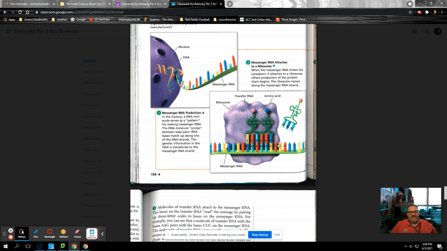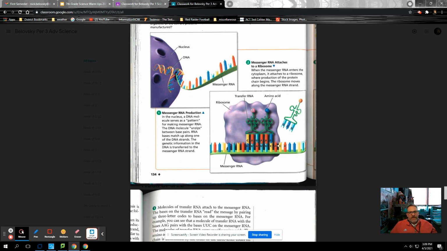Notice this is an amino acid here and here and here. These amino acids are brought in. So if you look right here, we've got a pink amino acid brought in by this transfer RNA. This pink amino acid is brought in because the transfer RNA reads down here, GUA, and that means CAU, which are the opposite nitrogen bases, which means to bring in this type of amino acid.